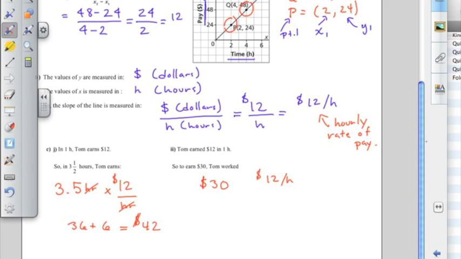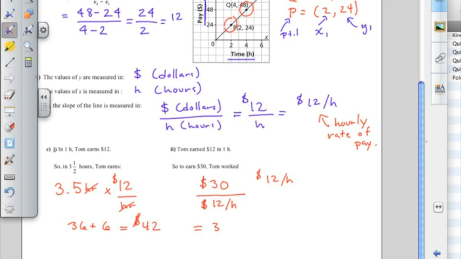Well, if we multiply it by 12 over 1, it's not going to help us out, because we're going to have $12 times $30, and it's not going to make any sense. But if we divide it by $12 per hour, then we can see how it makes sense.